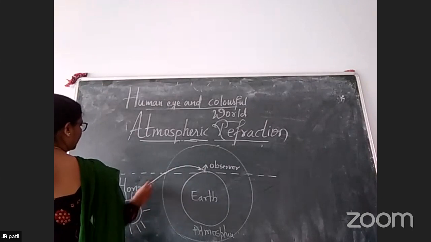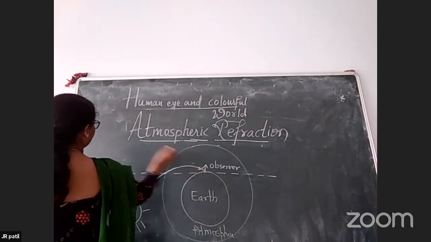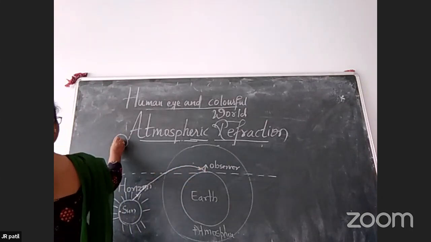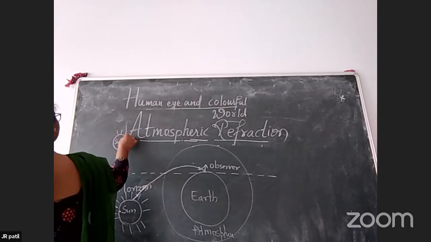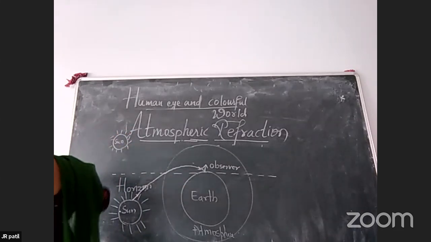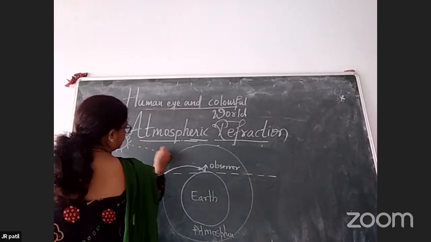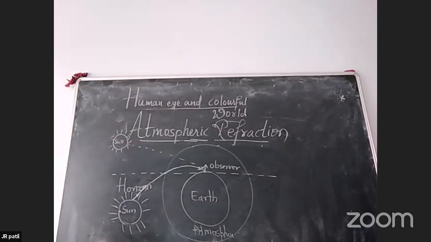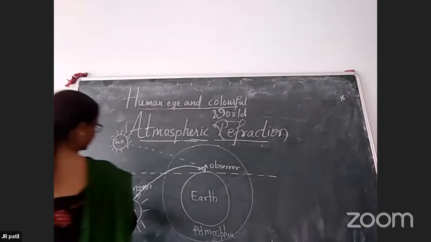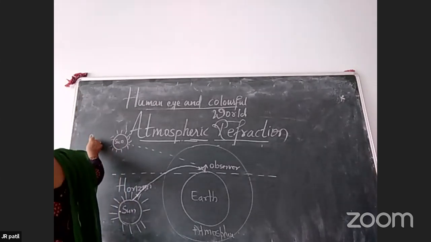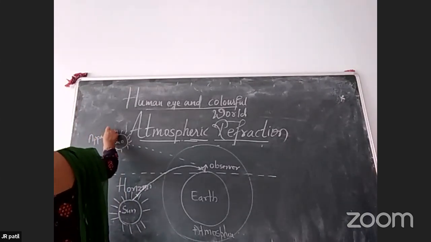The sun is actually here, but we can see the sun in this position. So actually the sun is here. This is the apparent position of the sun, which we are able to see.